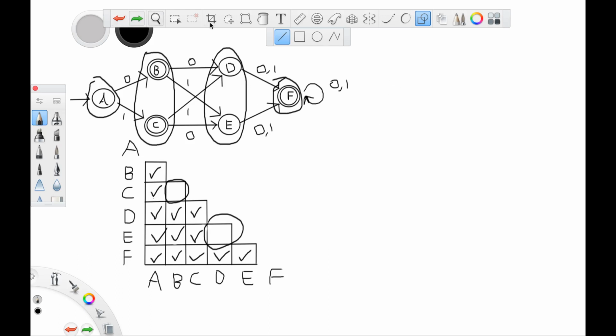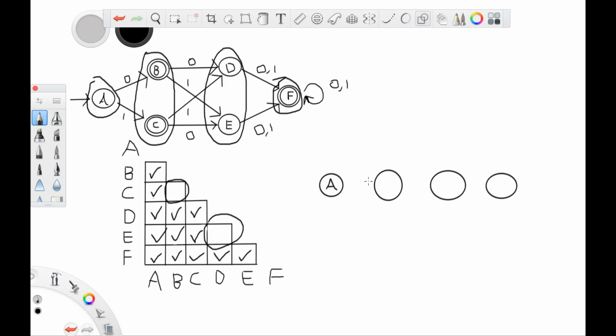Oops, let me change that to the circle. Okay, so this is going to be A. This is going to be BC. This is going to be DE. And this is going to be F. So how exactly are these going to look? Well, let's label them too.